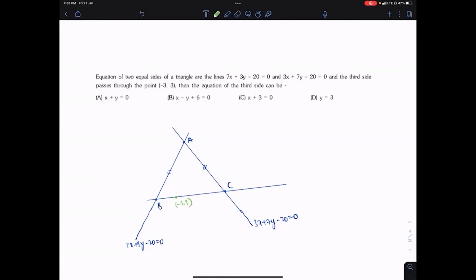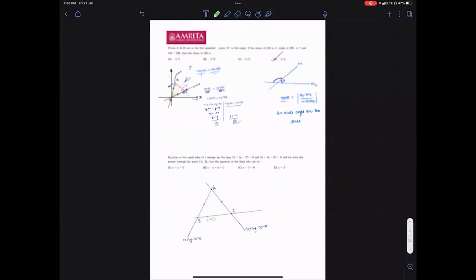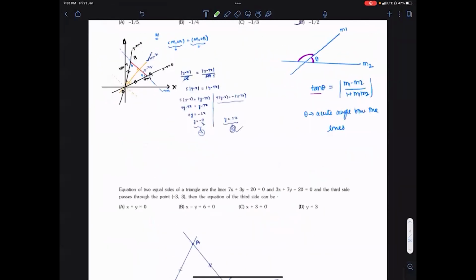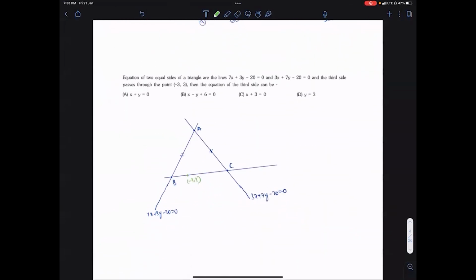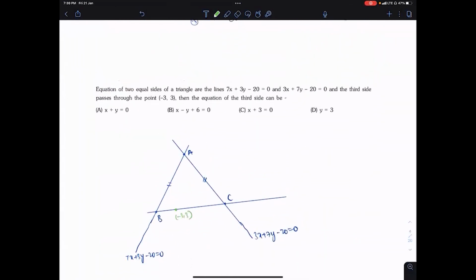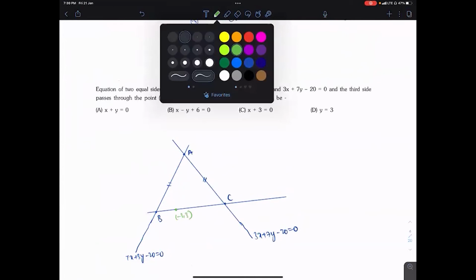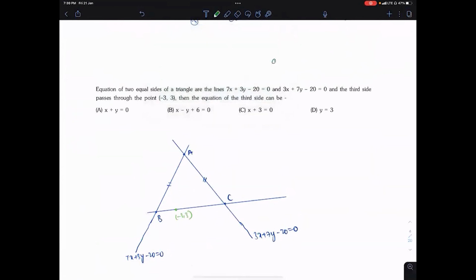Now again, it's the same concept which we have seen above. I'll tell you how it is the same concept. First we should understand a simple question: what is meant by angular bisectors?